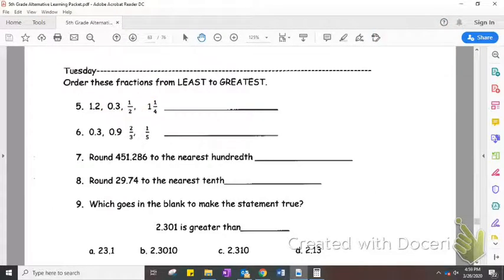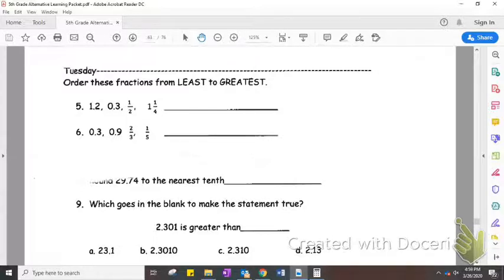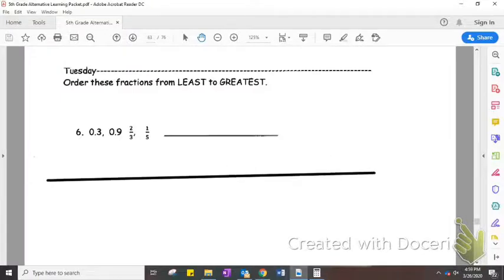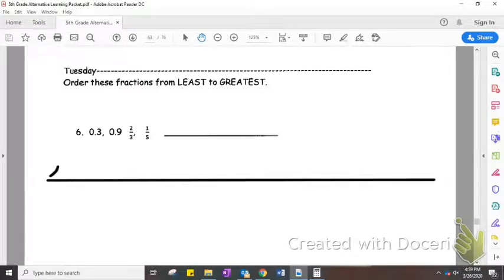So now let's go to 6. We've got 3/10, 9/10, 2/3, and 1/5. All of them are less than a whole. So my number line can go from 0 to 1.